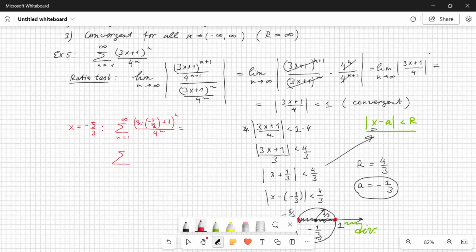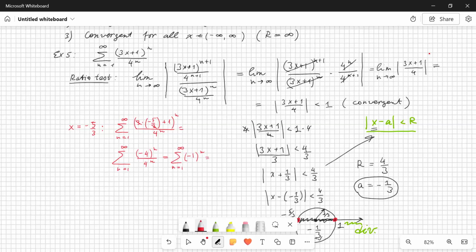Well, 3 is going to cancel, right? Minus 5 plus 1 is going to give me minus 4 to the power of n, and here 4 to the power of n, from 1 to infinity. Basically, if I simplify it, I'm going to get the sum of minus 1 to the power of n from 1 to infinity.